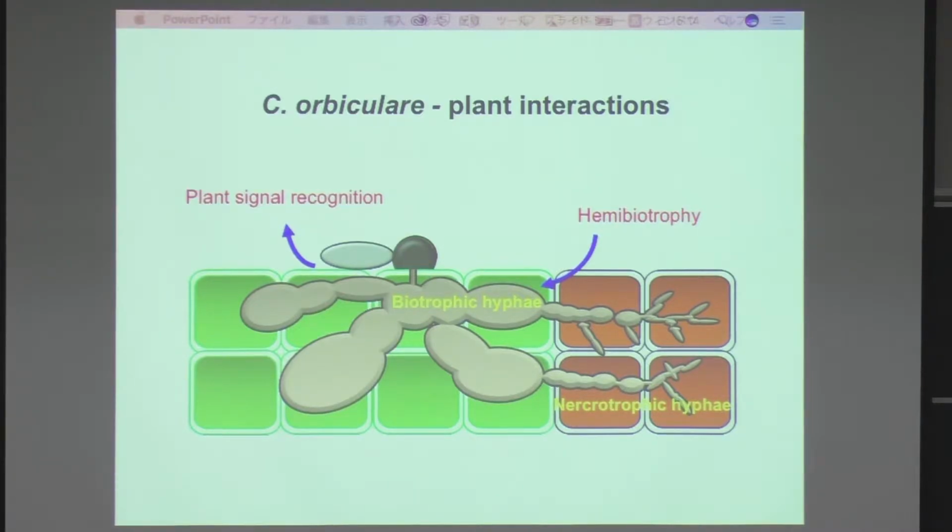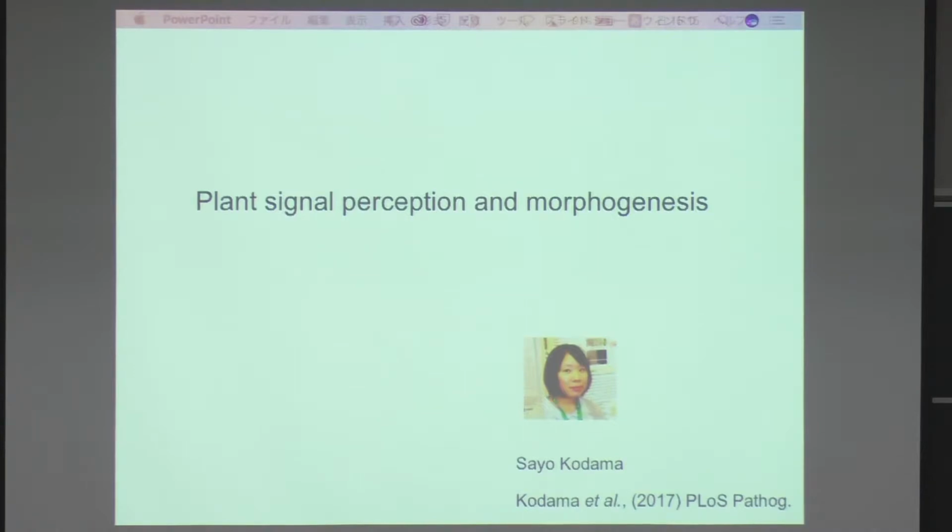The second part is the control of hemibiotrophy, which consists of an initial biotrophic phase followed by the necrotrophic stage, in which the shift is important for evading plant defense responses. So let's move on to the first part, plant signal perception and morphogenesis.